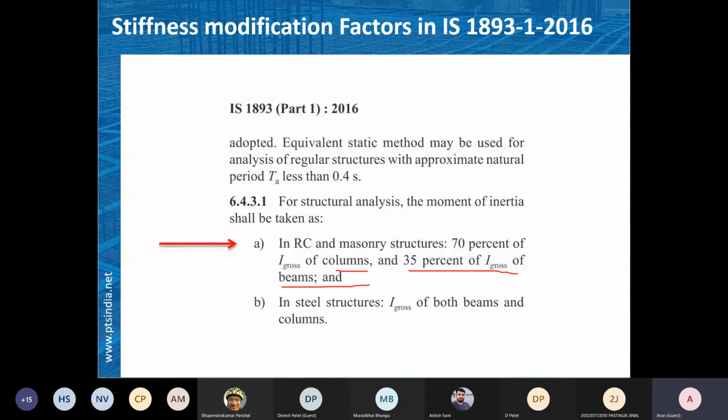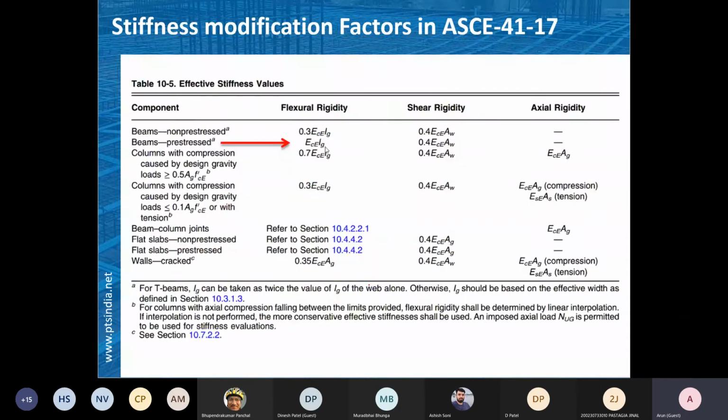And because of this, the size of the beam and the reinforcement in the beam is huge. This is regarding the IS developments, but in ASCE 41-17, they have given a similar kind of table with the stiffness values. You can see that for the non-pre-stress beam, it is similar to our case, that is 0.3.